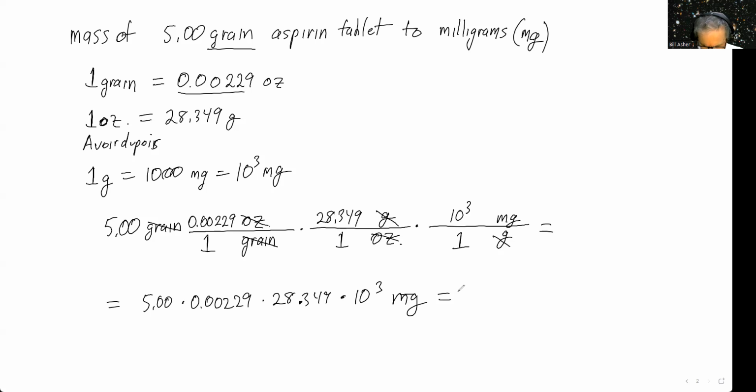I'm just going to multiply that out. 5.00 times 0.00229 times 28.349 times 10 to the third. And this is 3.25 times 10 squared milligrams, or 325 milligrams, which is the size of a common aspirin tablet.